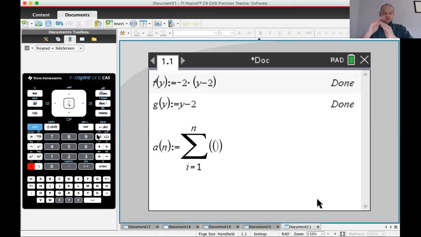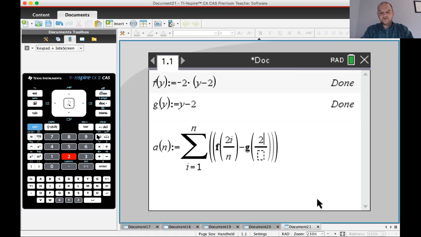So we're doing the right thing minus the left thing, and f is the right curve and g is the left curve. So it's going to be f of y sub i, which is 0 plus 2i over n, and then minus g of the left-hand curve, 2i over n.